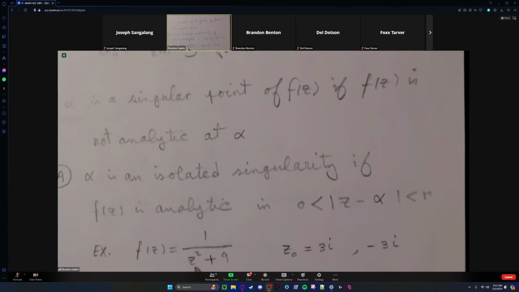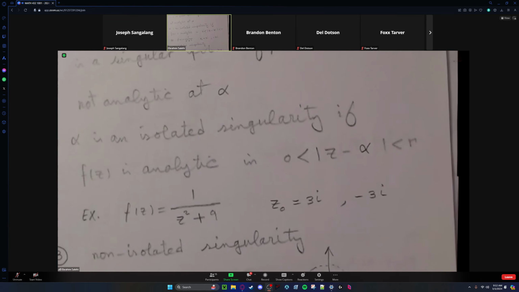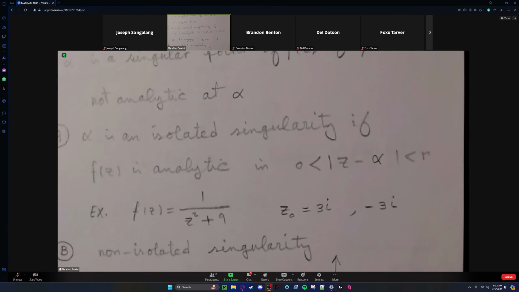Well, here is a function. There are only two bad points, zeros of the denominator. We call this type of bad points isolated singularities.